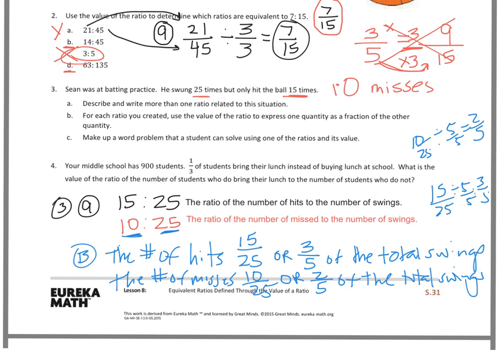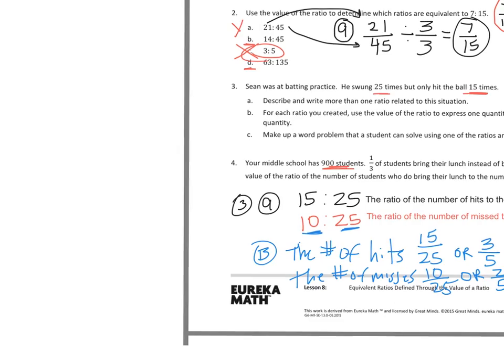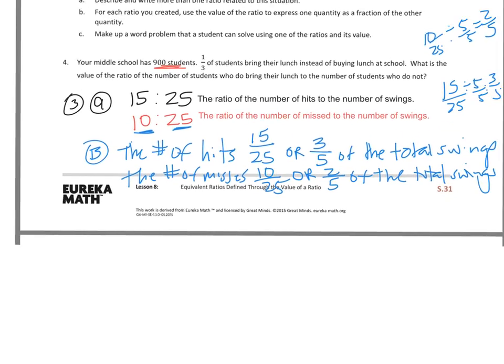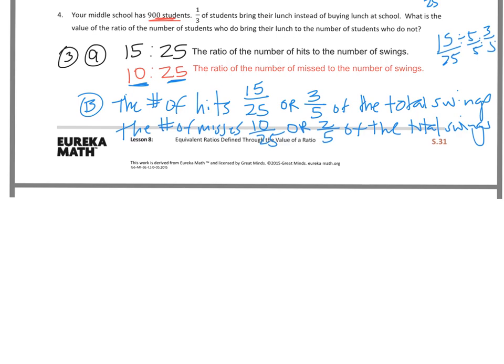So the first thing I have is 900 total students. I'll go down way down here below, so then I can see the problem. So for 4, we have 900 students. So I'm going to draw a tape, and this represents 900.